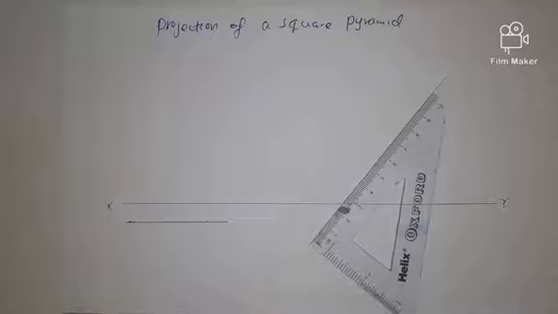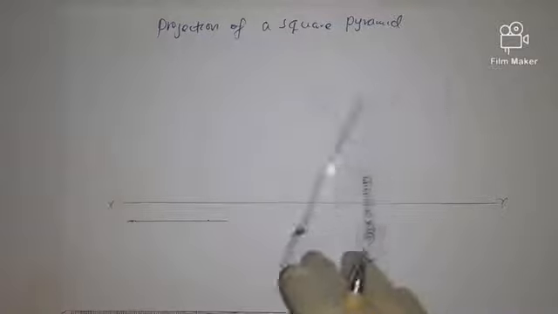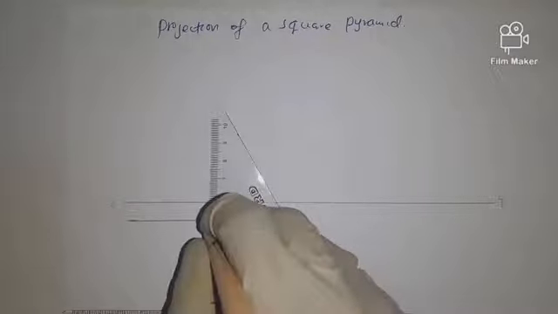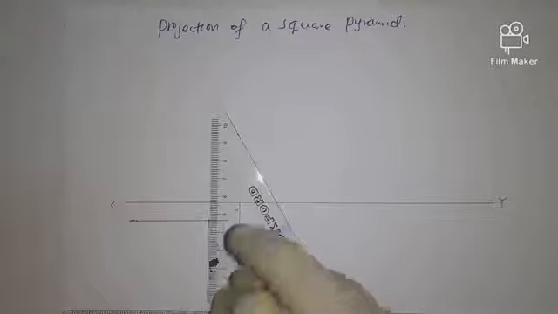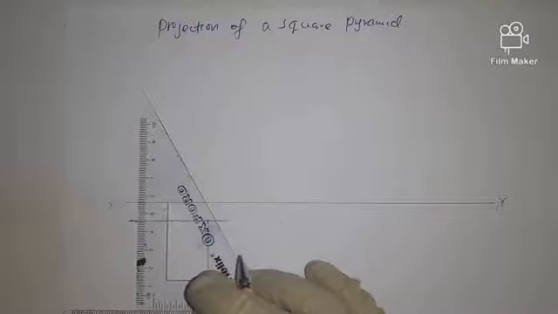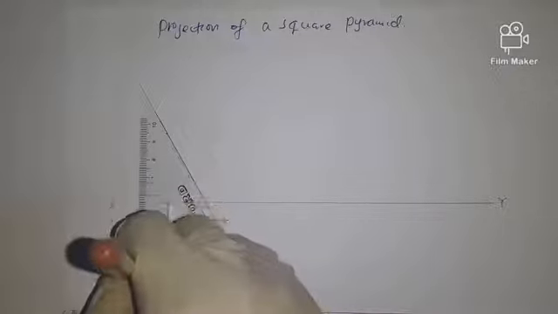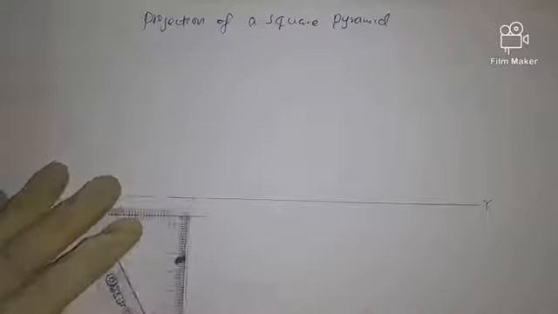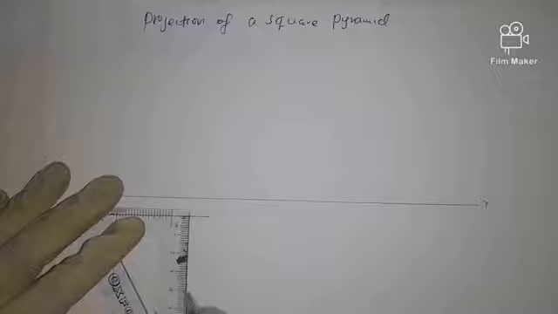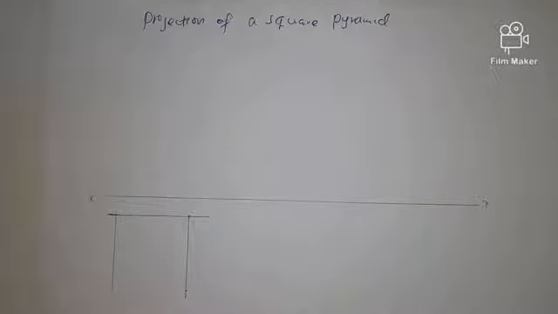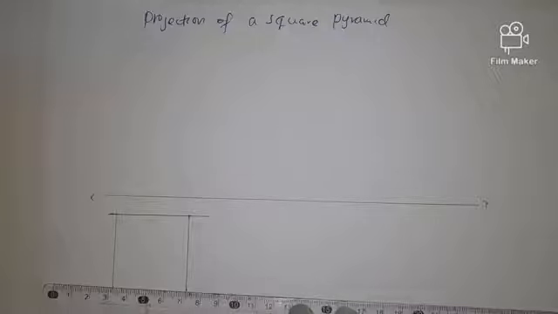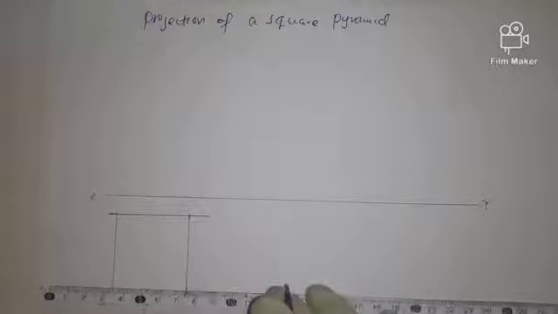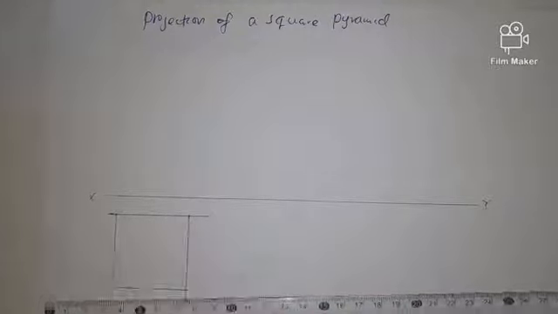Now we can draw the verticals, the sides of the square. This is 40 millimeter actually. We can have this line, then we can have this other one. So we measure 40, bring it here, so this is our 40, and now it is our plan.